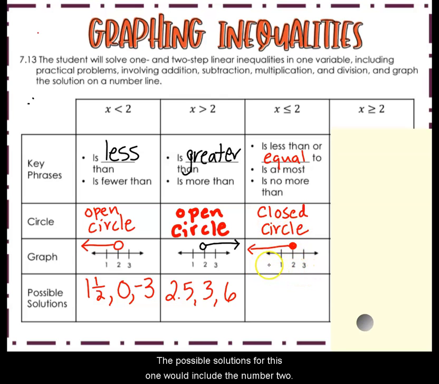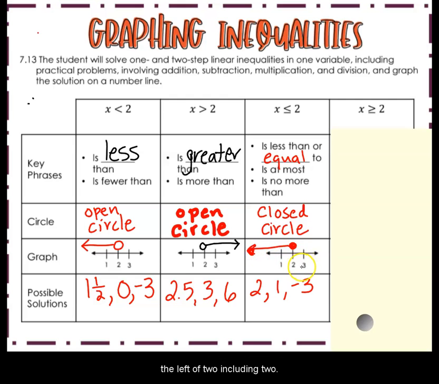Possible solutions for this one would include the number 2, because 2 is equal to 2, it matches the inequality sign less than or equal to 2. 1 would be a possible solution. -3 would be a possible solution. Any number that's to the left of 2, including 2.